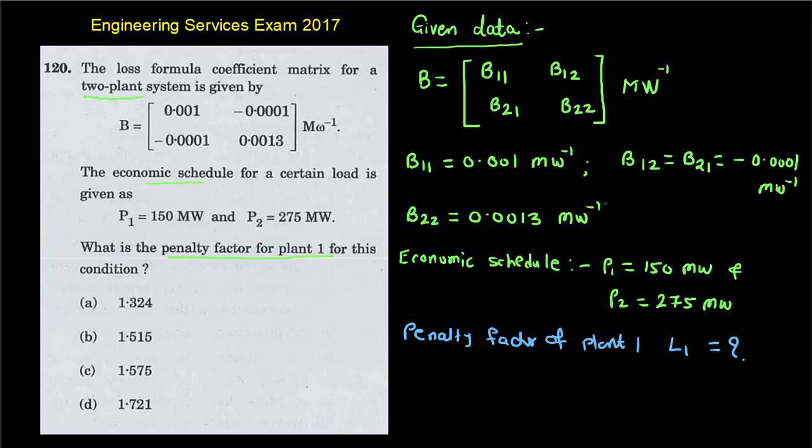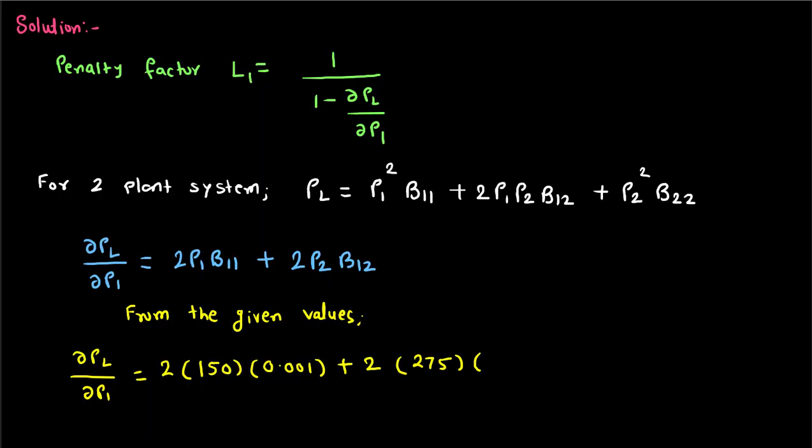As you can see, B12 or B21 is minus 0.0001. If we calculate this, we get ∂PL by ∂P1 equal to 0.245.